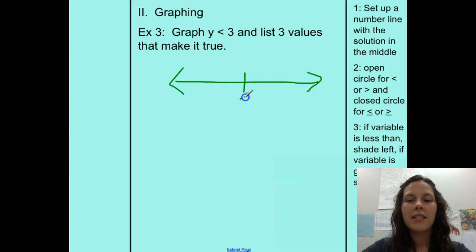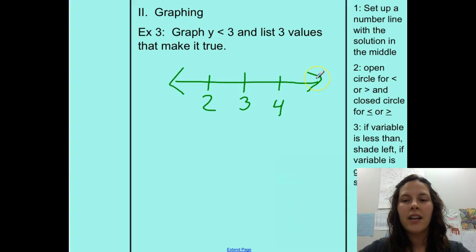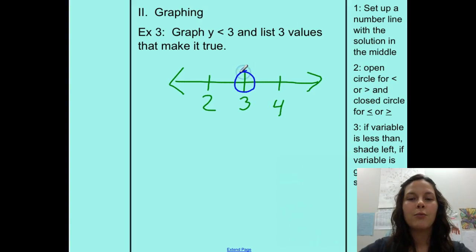I like to start by taking the solution and putting it in the middle, one value off to the right and one value off to the left to finish off the number line. If the inequality is simply greater than or less than, as in our example, we use an open circle because 3 does not make the inequality true.